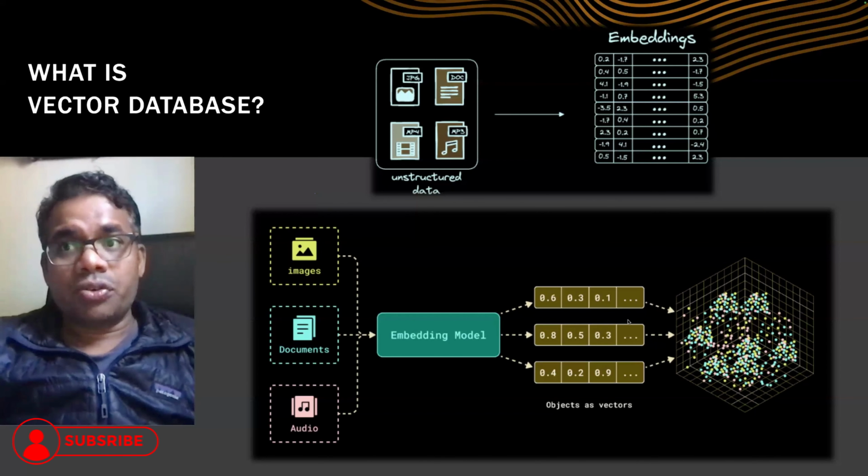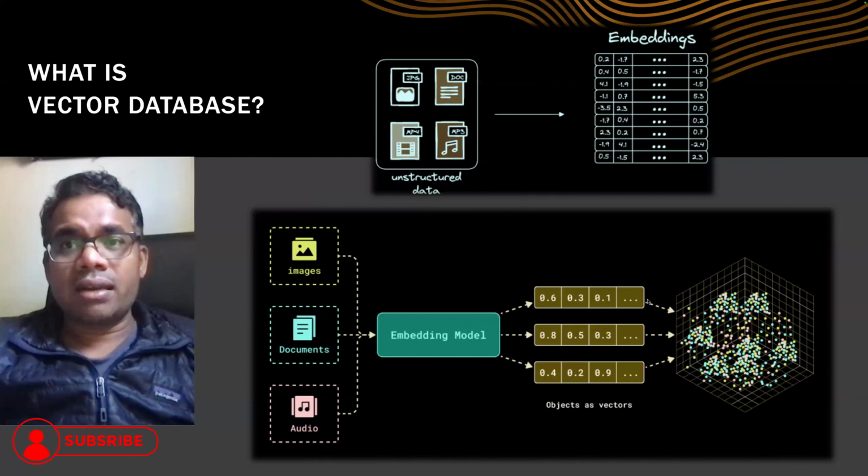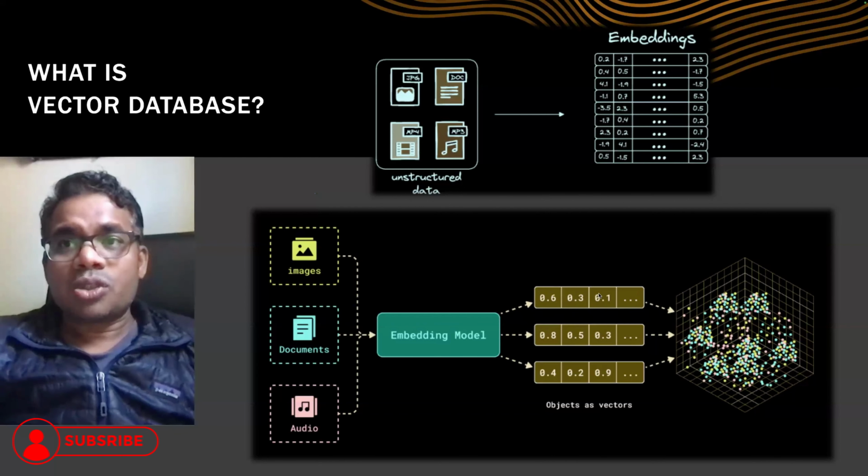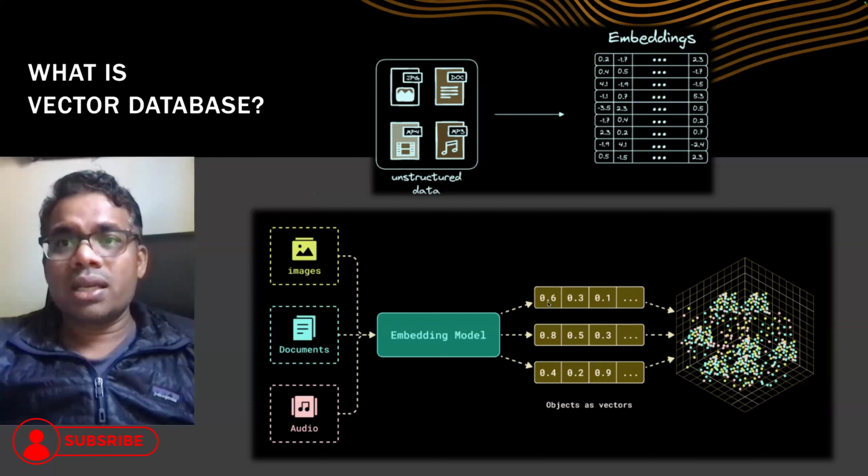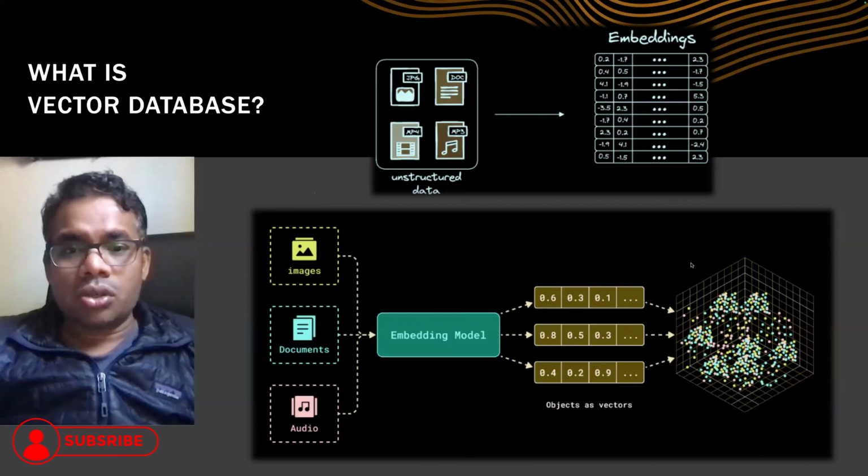If you look at this image, when you embed the data, it gets embedded in this particular format. You see these numbers, these decimals. We'll talk about exactly why these are in decimal format and why it's an array of decimal numbers.